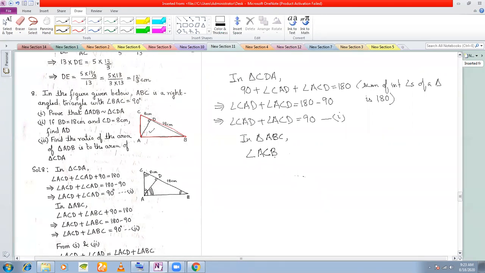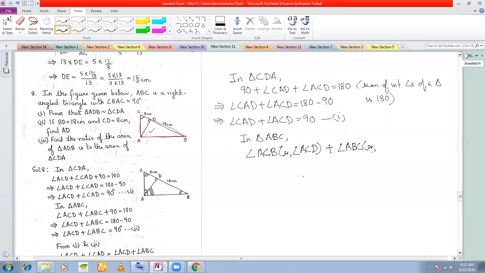Now what is angle ACB? When we are writing ACB, we are referring to this angle, right? This angle you can also write as angle ACD, right? Plus angle ABC.